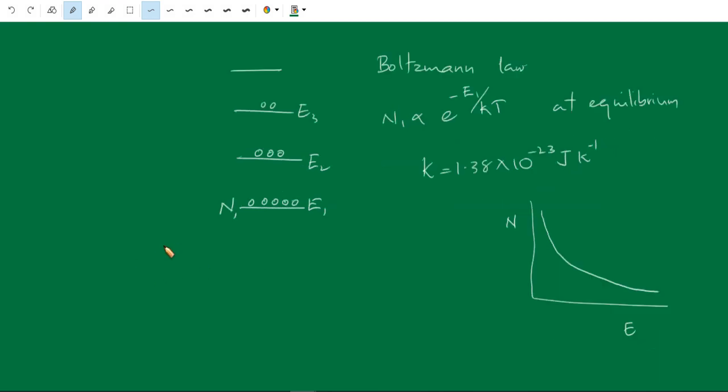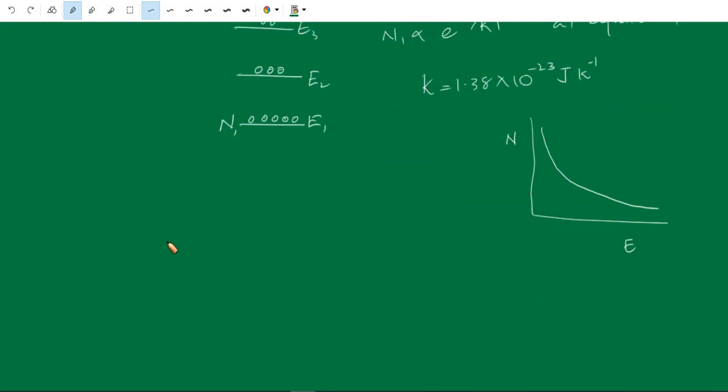According to this law, if we consider two energy levels for our convenience, E1 and E2, with the corresponding numbers of particles per unit volume N1 and N2, then N1 is proportional to e raised to minus E1 divided by kT, and N2 is proportional to e raised to minus E2 divided by kT.